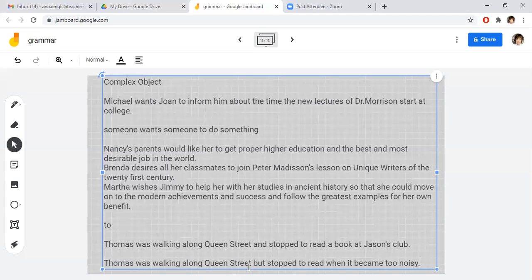Thomas was walking along Queen Street, but stopped to read when it became too noisy. He changed this action into just walking because when it is noisy, it is impossible to read.